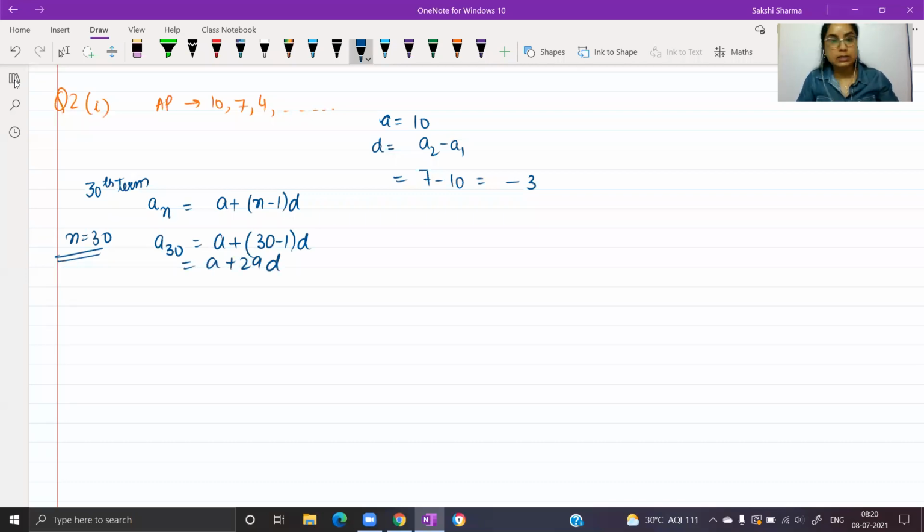You can always write this directly, that a30 will be equal to a plus 29d. You can use the values of a and d obtained in this formula to find out your answer. So your answer comes out to be -77.